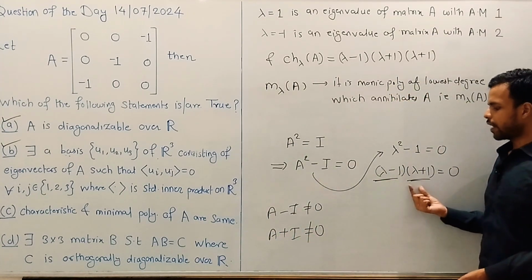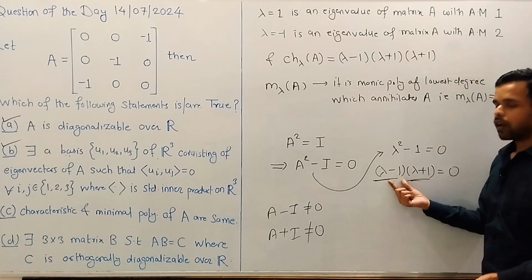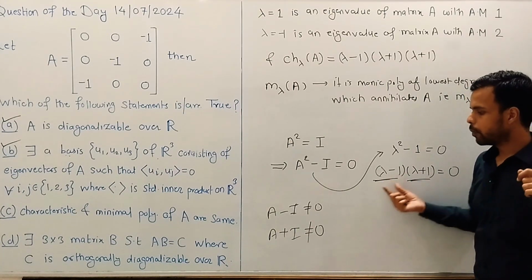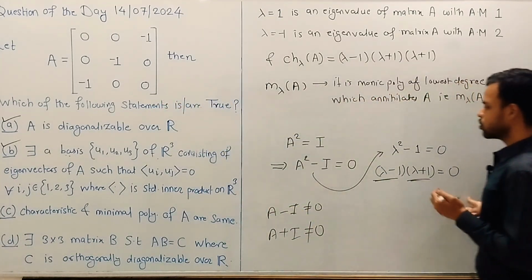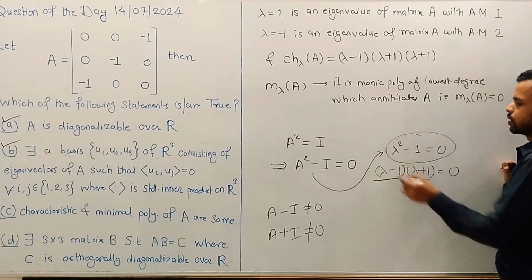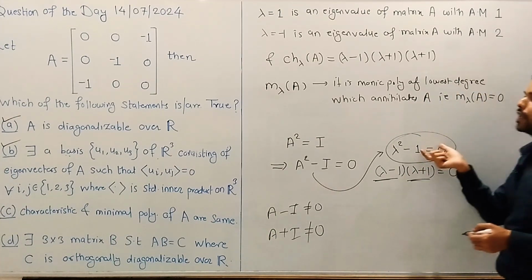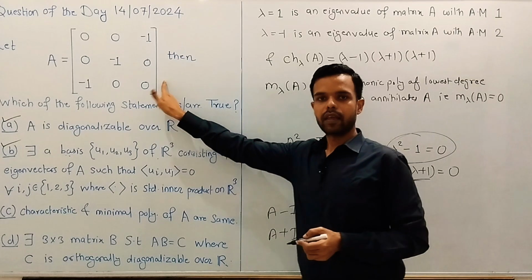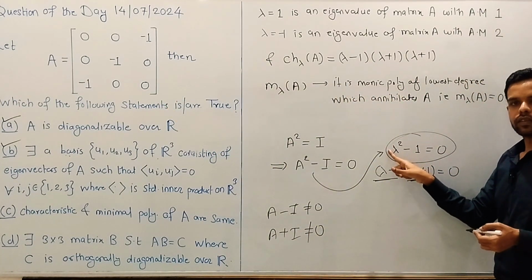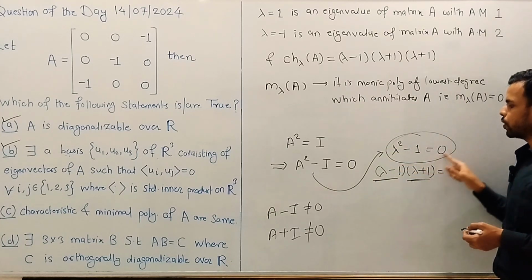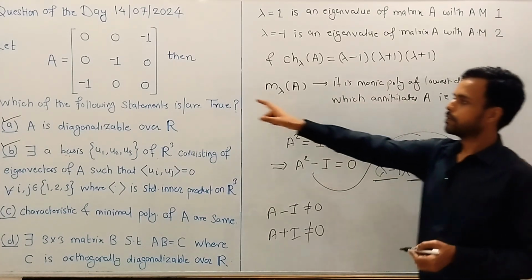These two factors are not annihilating polynomials for the given matrix A. So the only choice is this. It is the lowest degree polynomial which annihilates the matrix A, and clearly it is monic, since the coefficient is 1.